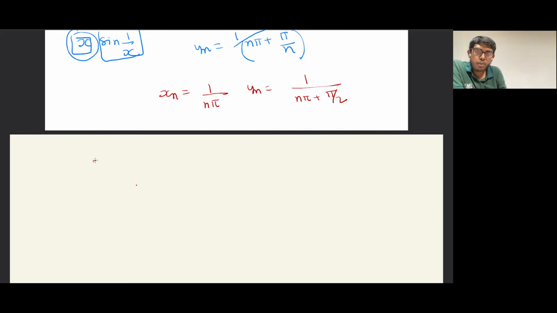So f of xn is 1 by n pi times sine n pi, which goes to 0 because sine n pi is 0, and minus 1 by n pi plus pi by 2 times sine pi by 2.